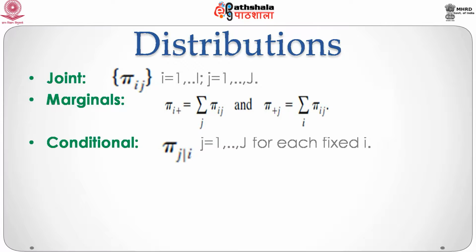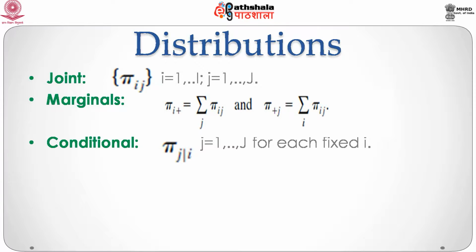The second distribution which we can define are the marginal distributions. So for example, we might consider the marginal frequencies along the rows. So we could fix one of the rows and look at how the frequency breaks up along the columns. This is denoted by the 2 marginals, pi i plus, which gives the distribution along the rows.